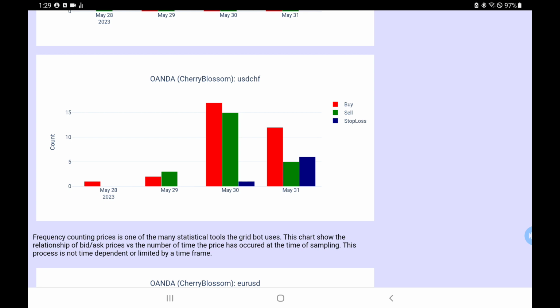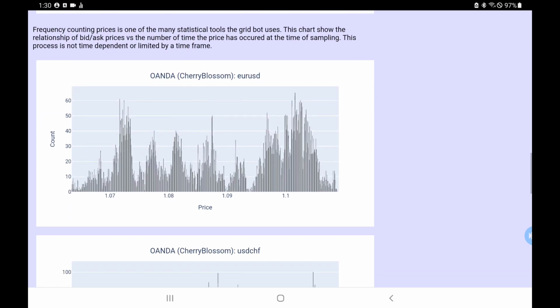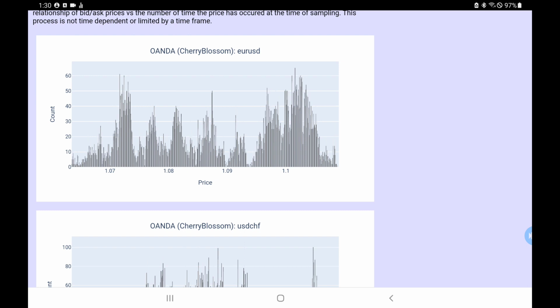Now these two charts show the dynamics of the grid system in motion as it floats with the market. But let's actually see what the market looks like in motion. And we see that here with the frequency counting. Euro USD frequencies. We see clearly the price and how much that price was hit during the sampling period.